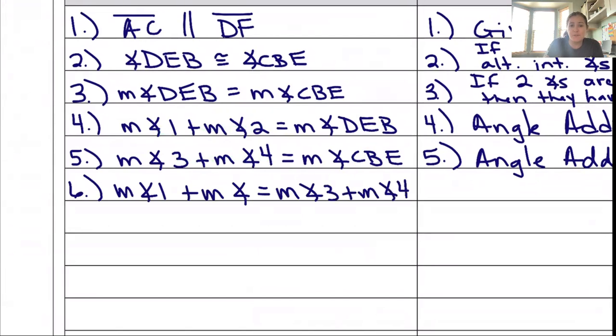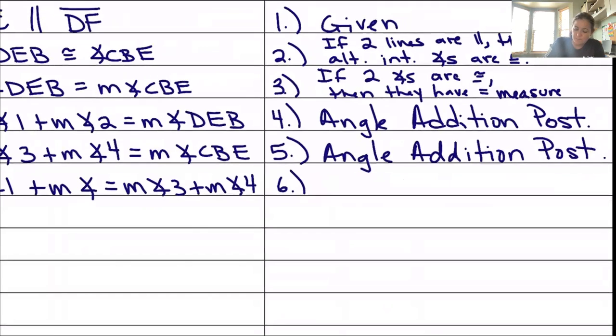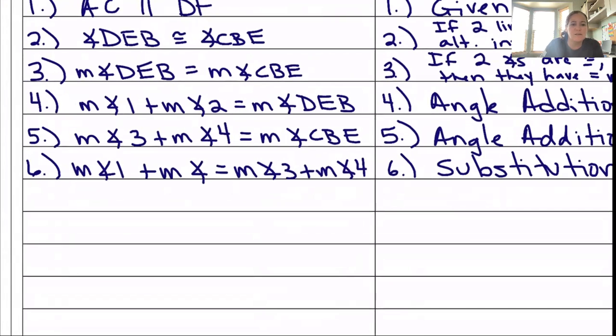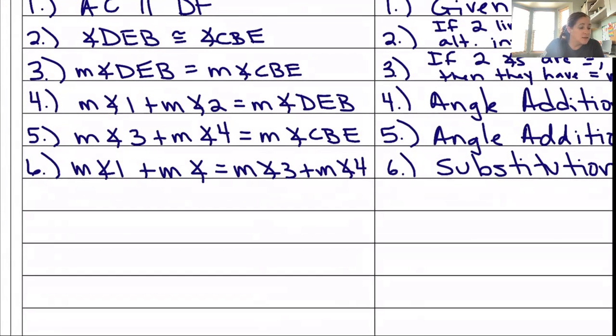And that's using your substitution property. It is not transitive, because if we had made it DEB and we made a step in there, we could have gone ahead and done the transitive property, but because we didn't write out that step, I'm just going to use substitution. Now, if you were doing this problem yourself and you wanted to add in that step, that's perfectly fine. I did not.